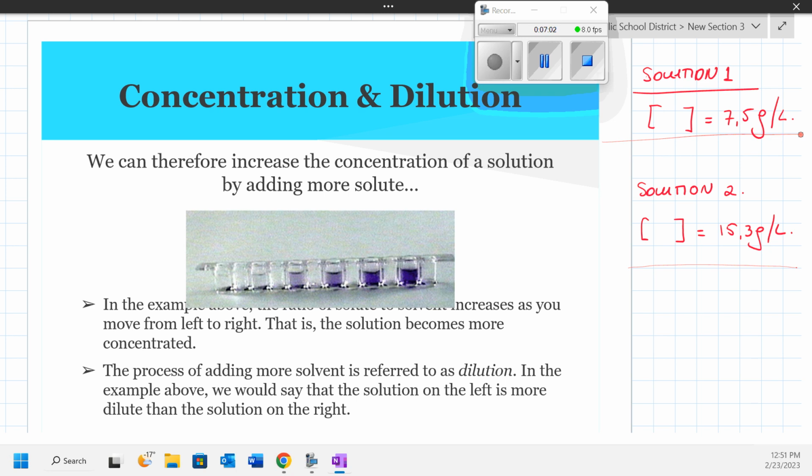For simplicity, let's consider that the solute is salt and the solvent is water.